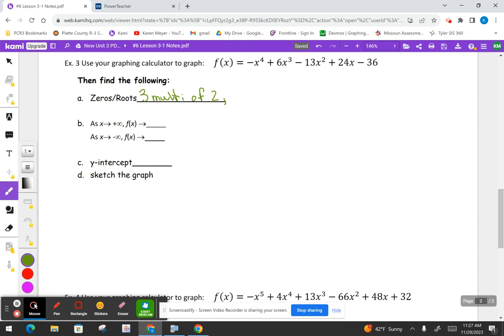To help me find the other ones, I'm going to have to use synthetic division. So I'm going to put 3 in my corner box, list out my coefficients: -1, 6, -13, 24, -36. Remember, drop the first term and then multiply, add. Multiply, add is the pattern that you're going to do.